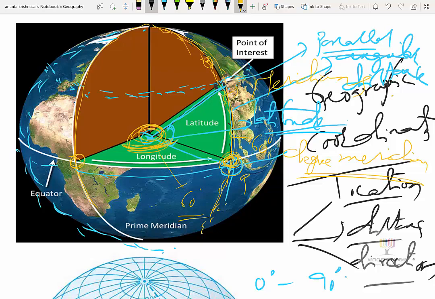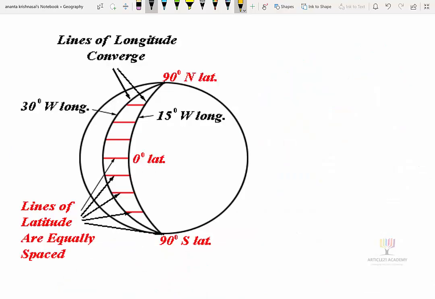So we generally use these two expressions, parallels of latitude and meridians of longitude.